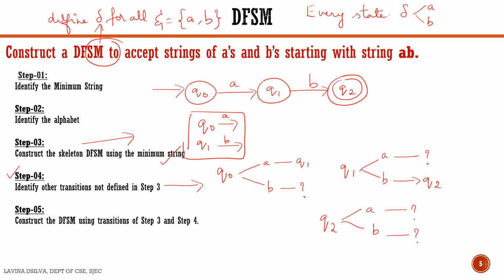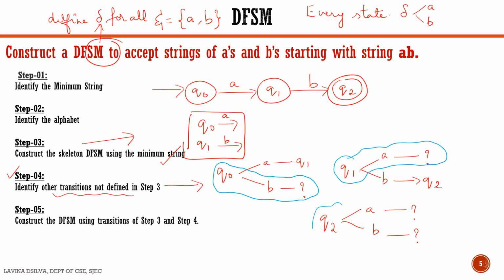So these are the transitions which we identify in step 4. We need to define a transition for state Q1 if an input B is given, to which state will it go? On state Q1 if it receives an input A, to which state will it go?